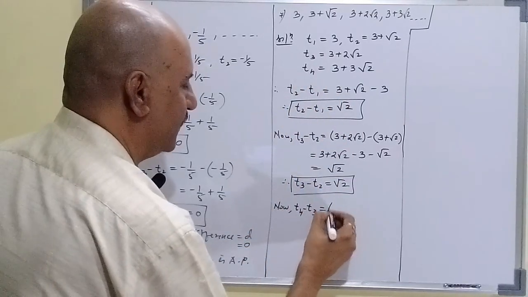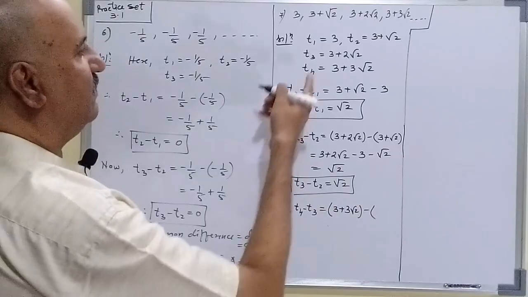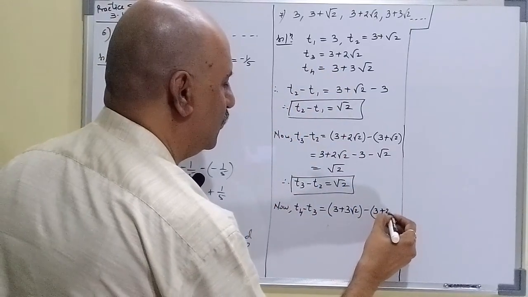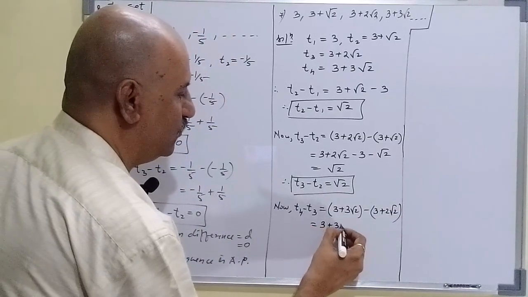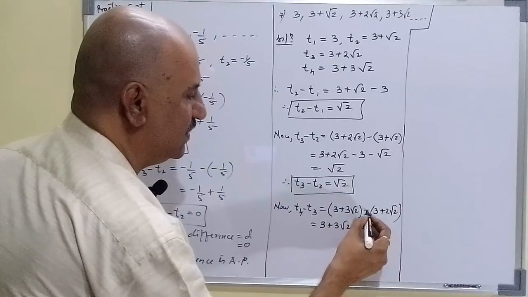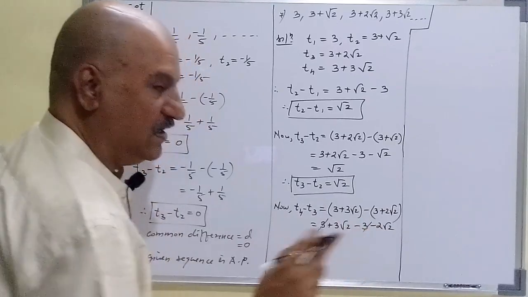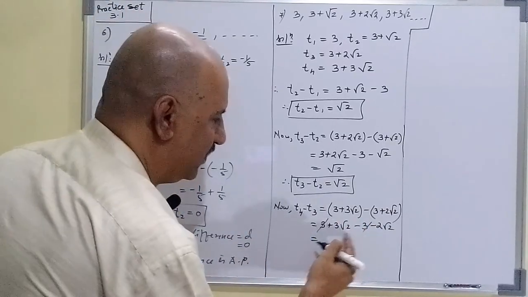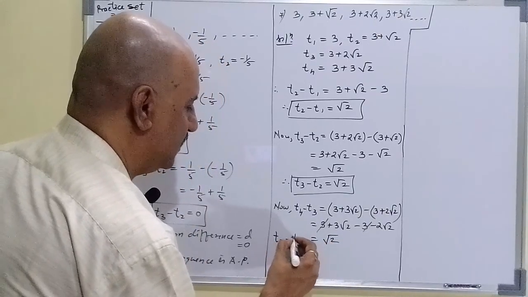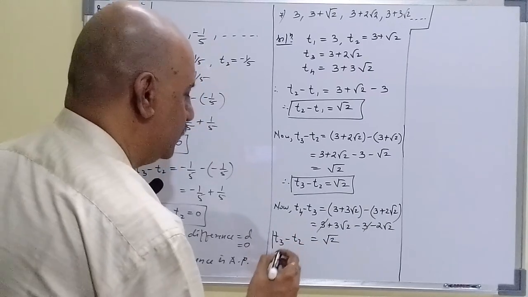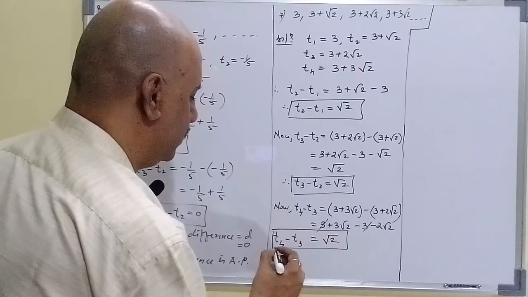T4 is this. ब्रैकेट में लिखो 3 plus 3 root 2 माइनस T3, हमने अभी देखा 3 plus 2 root 2. ओपन करो ब्रैकेट, 3 plus 3 root 2 माइनस इंटू प्लस माइनस, माइनस इंटू प्लस माइनस 2 root 2. तो ये 3 minus 3 सबट्रैक्ट हो जाता है, कुछ नहीं होता. 3 minus 2 is 1, ये भी root 2. So T4 minus T3 is also root 2.